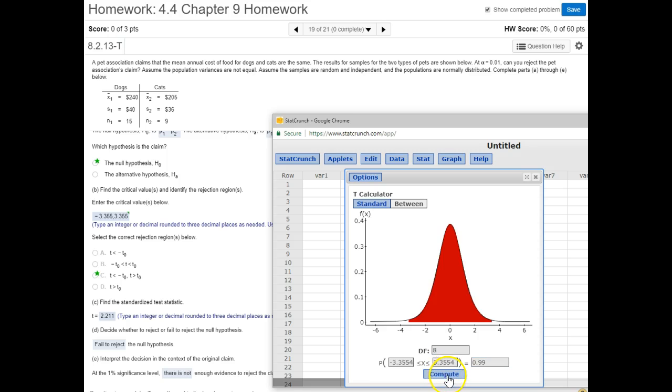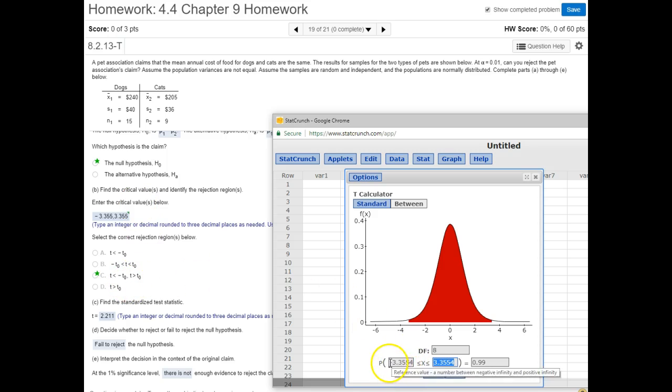And that's how they get negative 3.355 and 3.355 here. And select the correct rejection region below. So the rejection region is the non-shaded portion. So it's less than this value here and greater than this value here. Keep in mind that the critical value is t sub 0.